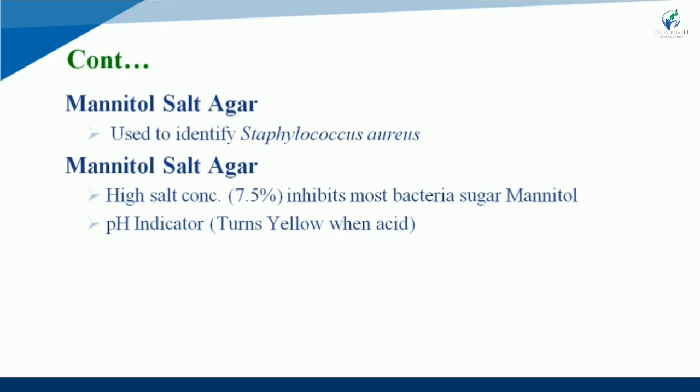The pH indicator turns yellow when mannitol is converted into acid, so yellow indicates acidic pH.